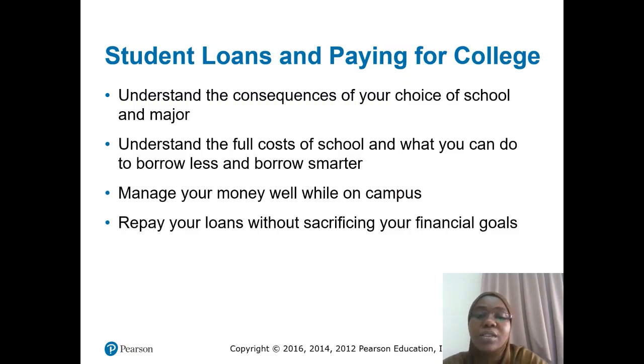Then you need to understand the full cost of school and what you can do to borrow less and borrow smarter. At times, borrowing requires you to be smart as well. So you manage your money well while on campus. That's another thing if you are going for a student loan. And then you repay your loan without sacrificing your financial goals. Try as much as possible to repay your money without sacrificing your financial goals.